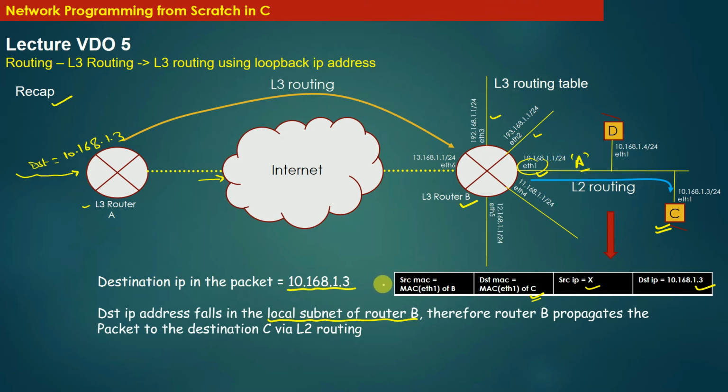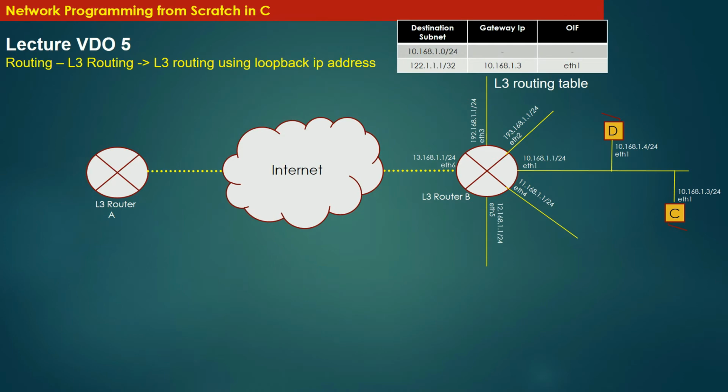You can apply the IP address mathematics and see that the destination IP address specified in the packet falls in the local subnet A of router B, and therefore router B propagates the packet to the destination C via L2 routing. We have just done the recap here, because what we are going to discuss next relates very closely to what we have discussed in this slide. So let's take another scenario now.